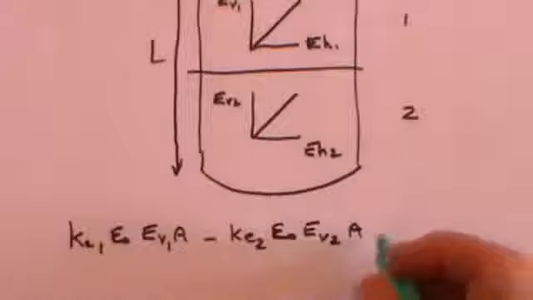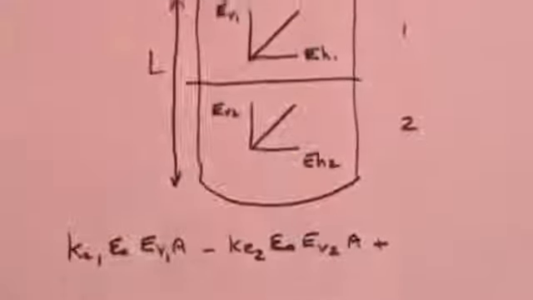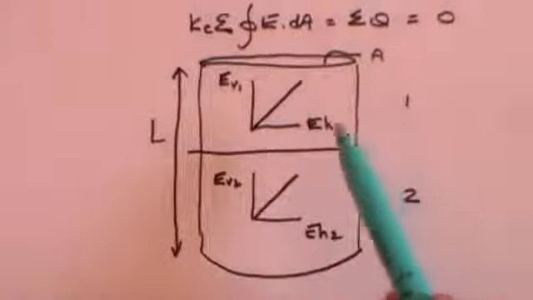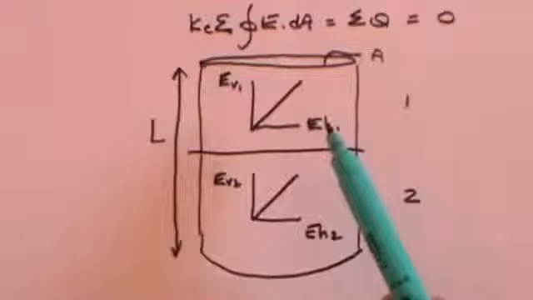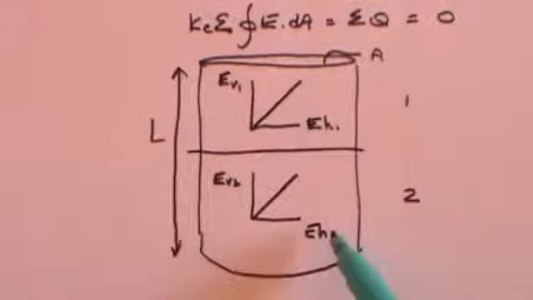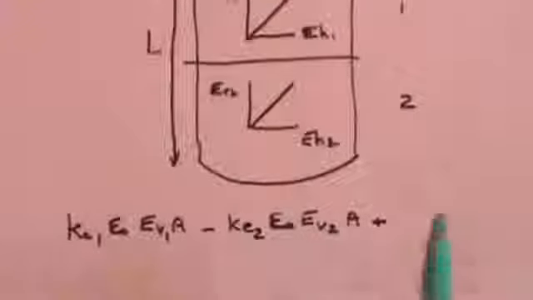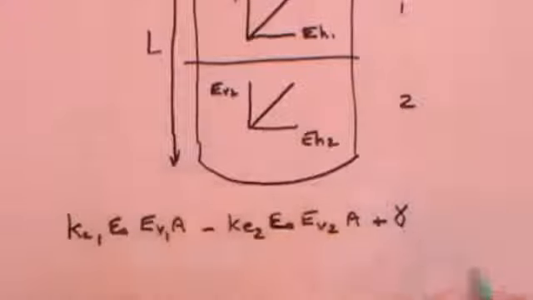And now we're going to have to add some set of terms which represent the value of the E fields, the horizontal E fields, which are going out through the side. And for these purposes I'm simply going to call that gamma. There will be some terms going out through the side. As we shall see in a moment, that won't matter.